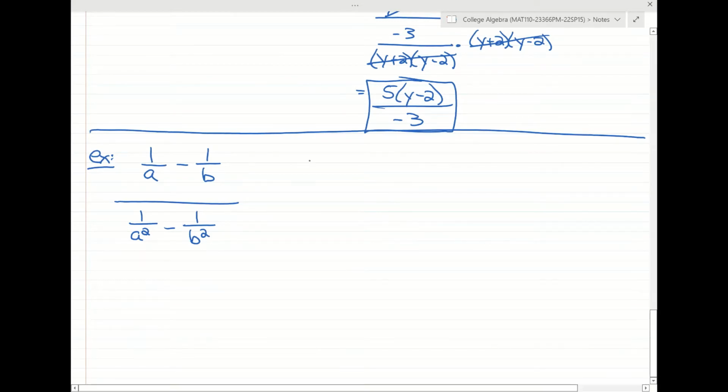First technique, we want to try to get the LCD. We have 1 over a minus 1 over b divided by 1 over a squared minus 1 over b squared. In order to combine the top, the LCD of a and b.